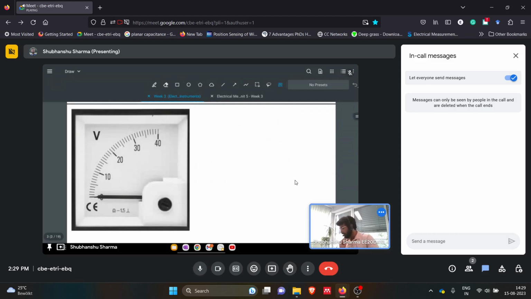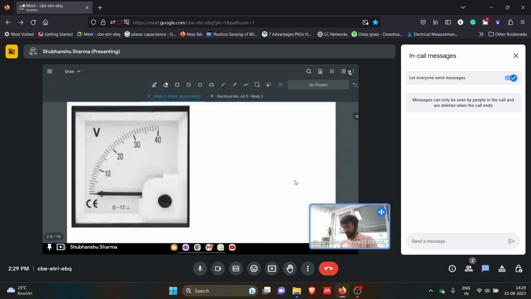So you must have seen these analog meters in your measurement labs. One of that type is this, and it can be something like this also. This is 90 degrees, so starting from here it is going here, covering a span of 90 degrees.